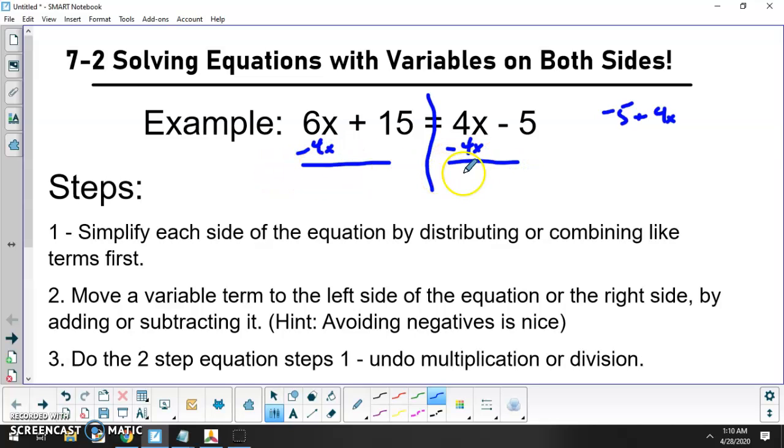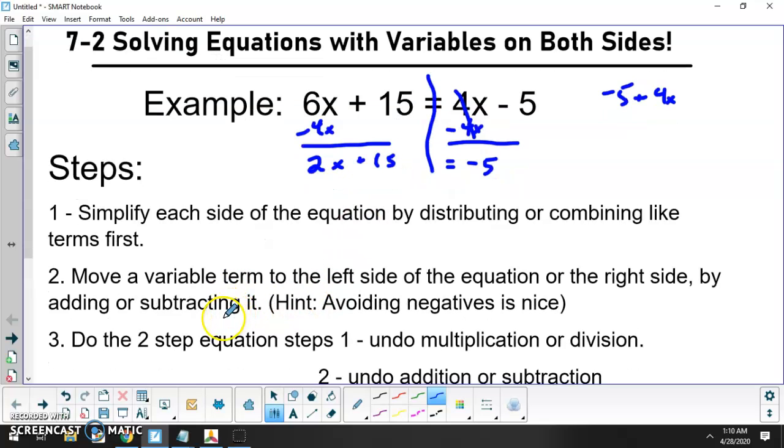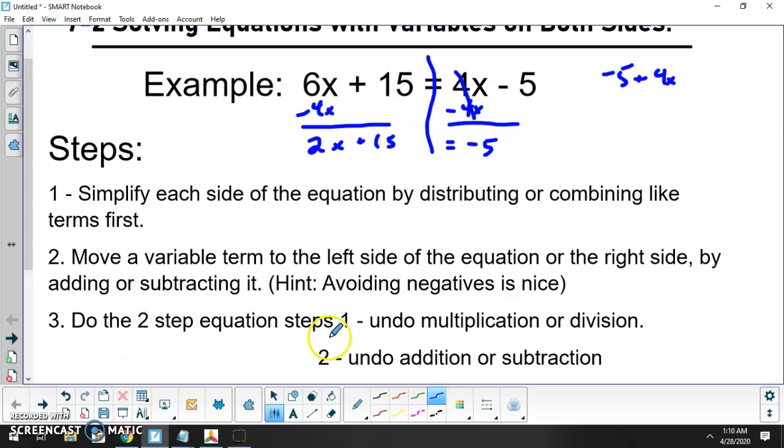Then draw a line, and then you can cancel out this side, and bring down the negative 5. And then on this side, you're going to do 6x minus 4x, which is 2x, plus 15 equals negative 5. After that, you just do a two-step equation.